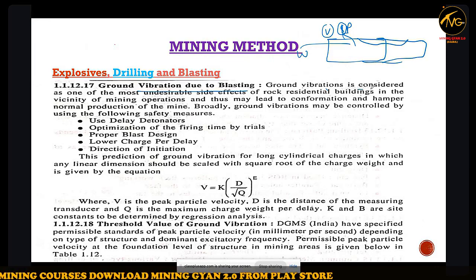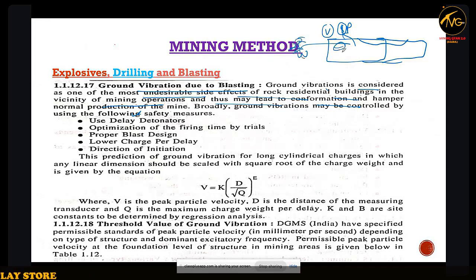Ground vibration is considered one of the most undesirable side effects of blasting for residential buildings in the vicinity of the mining operation, and thus may lead to confrontation and hamper normal production. If you blast, the normal people will be disturbed, and they can file a case. If something happens to them, or someone dies, then normal working will be affected.